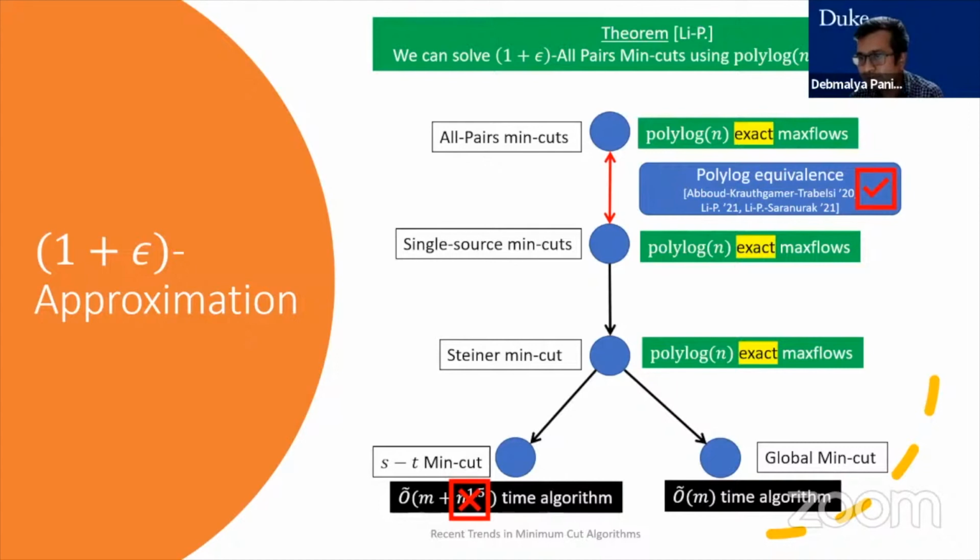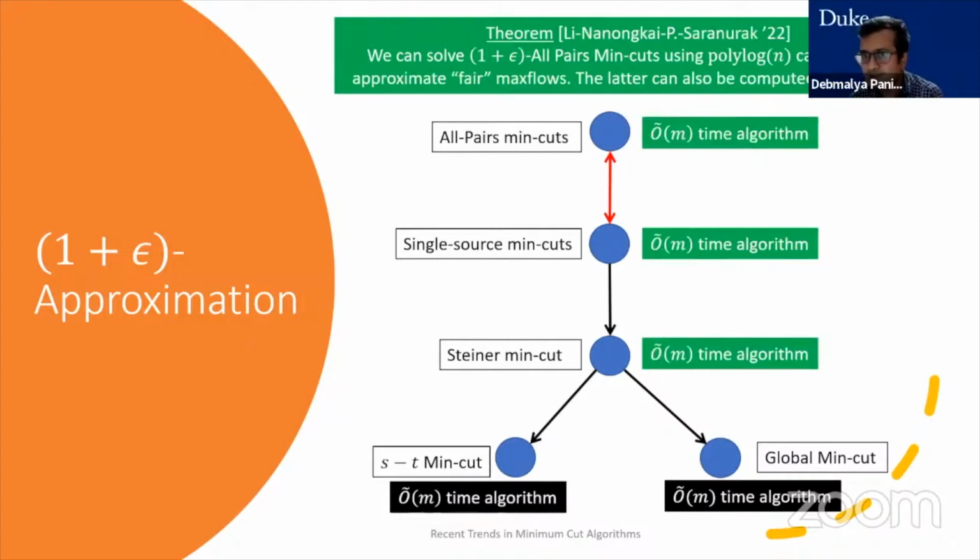But we did manage to figure out a workaround. In some very recent work with Jason Li, Danupon Nanongkai, and Thatchaphol Saranurak, we showed that we can retrieve isolating cuts, not with arbitrary approximate max flows, but with something that we called fair max flows, or fair min cuts.